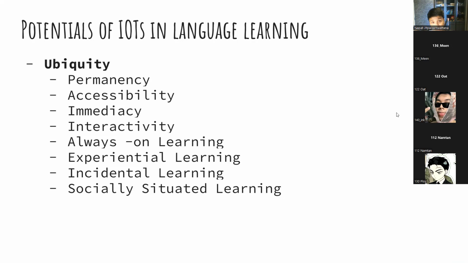It's very immediate, so it's updated very often. It's interactive again, so you can interact with people from different parts of the world. Always on learning, so you can always learn, right? Everywhere you go, every time that you want to learn. And in many ways, it gives you more experiential learning.